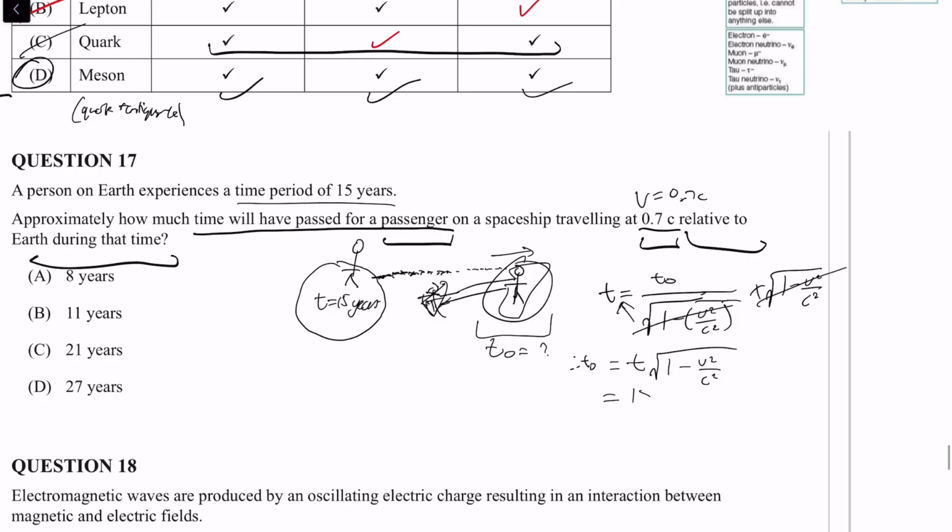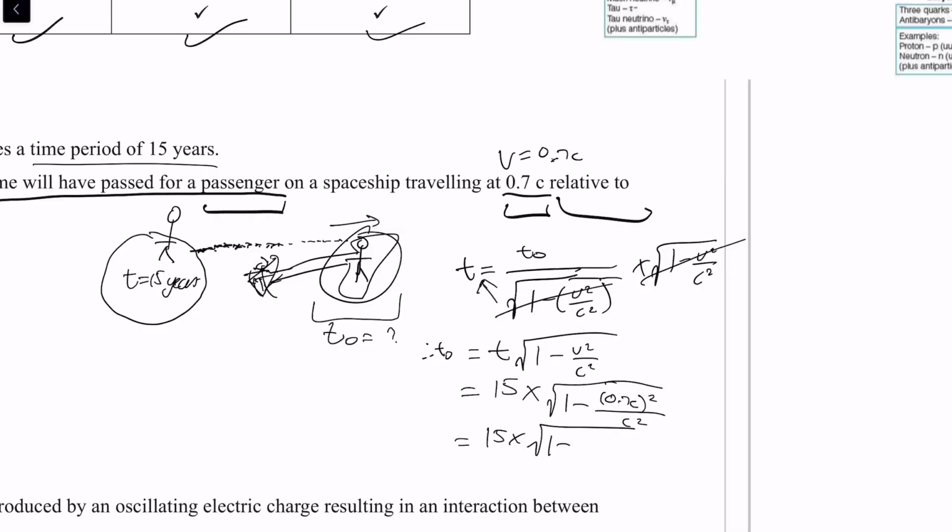So 15 is our T value, times the square root of 1 minus, I put in brackets again for the square, 0.7 C, squaring that over C squared. So you can see here by sort of algebra, if I square each of these terms, I get 0.7 squared, which is 0.49 C squared over C squared.